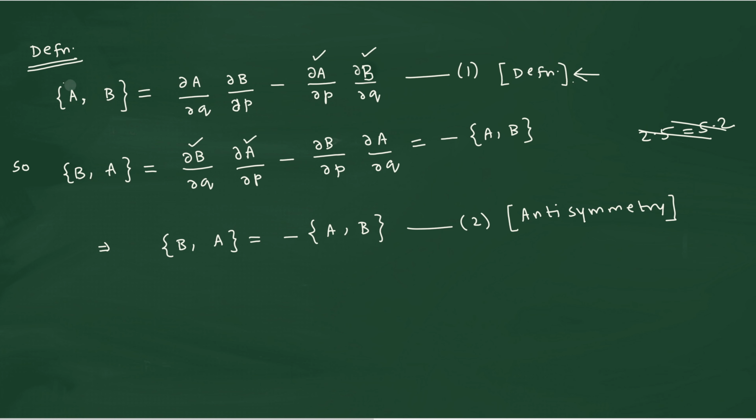If you want the Hamiltonian, you can always remove B and put the Hamiltonian there. This is valid for any dynamical physical quantity, which must be a function of q, p. That is very important. It has to be a function of q, p, otherwise there is no meaning for the partial derivatives that we have.